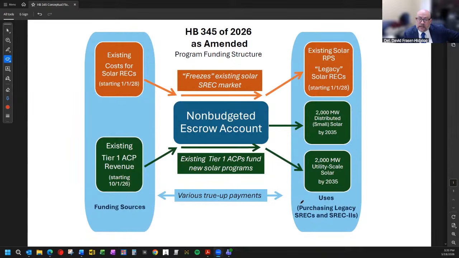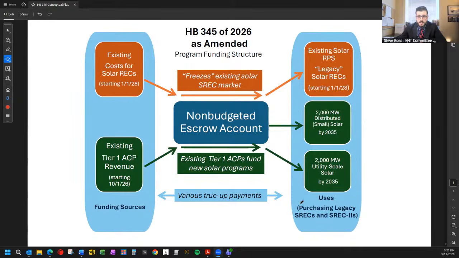And the big thing, like I said, is setting up that escrow account. In general, the escrow account is a big piece because it takes the ACP revenue out of the budget process. So it is used for purposes of actually building new renewable generation.